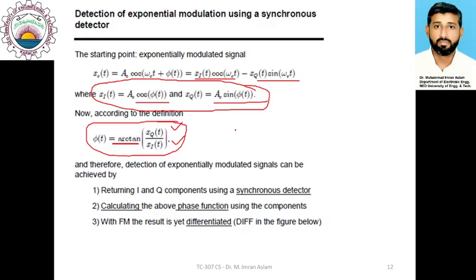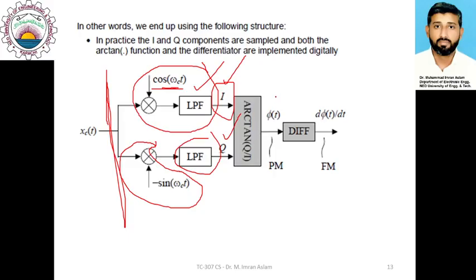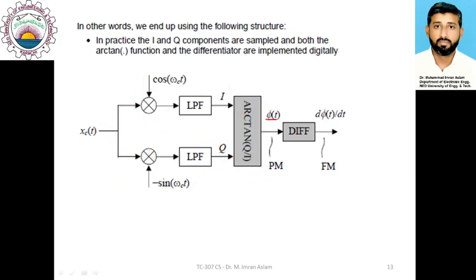So in order to find the phase, you calculate this arc tangent operation of Q upon I, which gives you the phase of the signal. For PM, this phase is actually representing the information signal, because the information is directly related to the phase of the message signal.